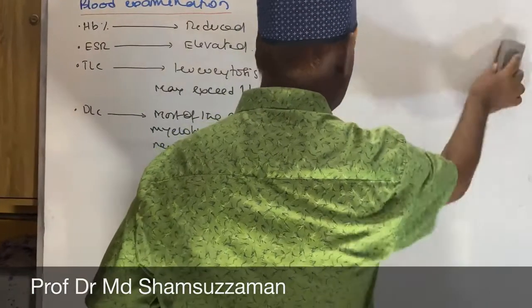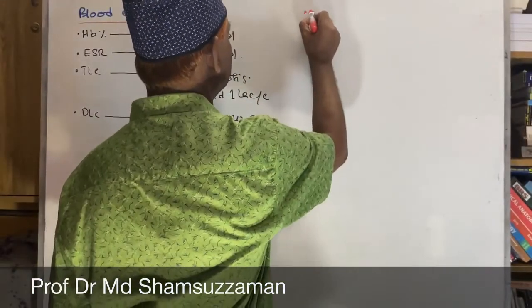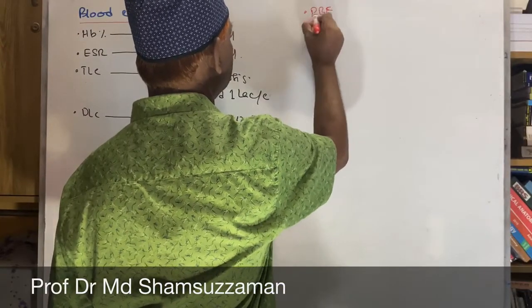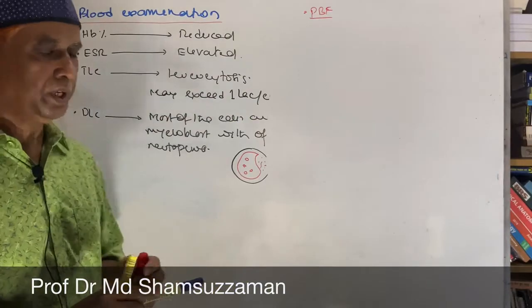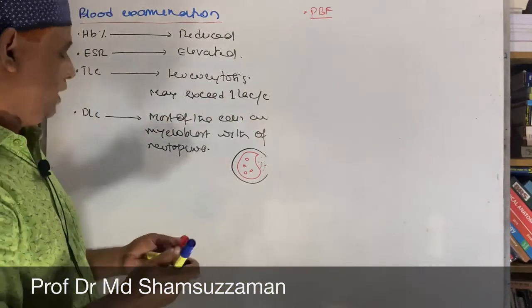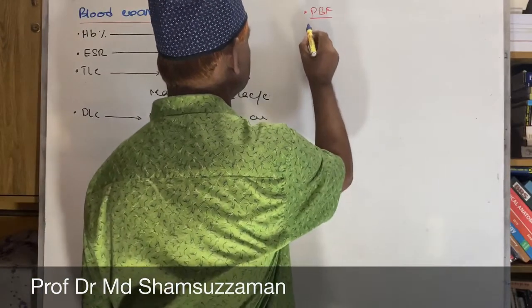Then we have to do peripheral blood film, PBF. Like before, we have to search for the RBC series, WBC series and platelets. First come to the RBC series.